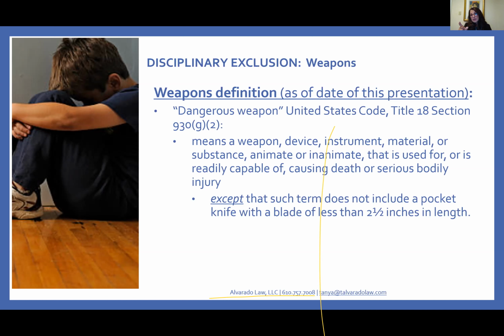You measure the blade. The blade has to be more than 2.5 inches. So take out the blade and just measure the blade part. If it's less than 2.5 inches, it's not a weapon and does not qualify for immediate removal. And we're talking about immediate removals from school.